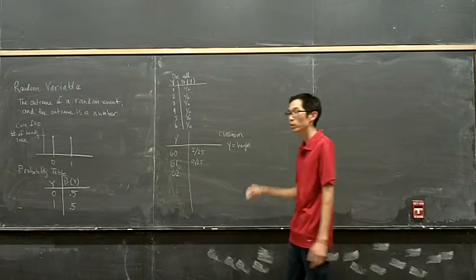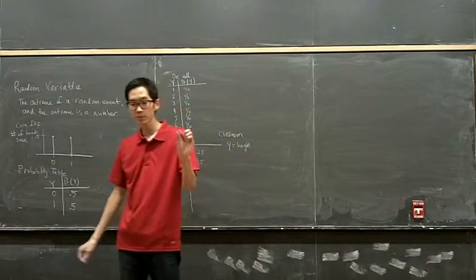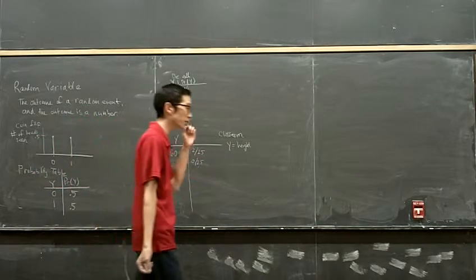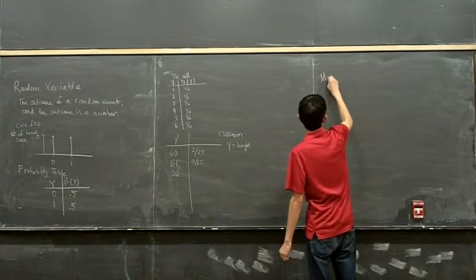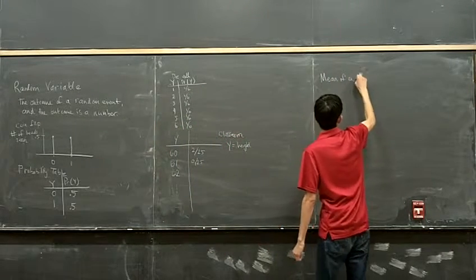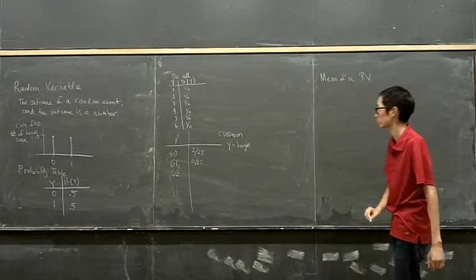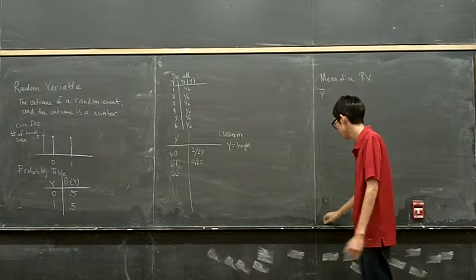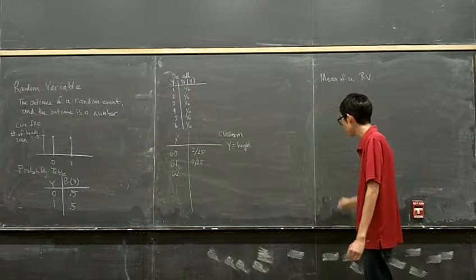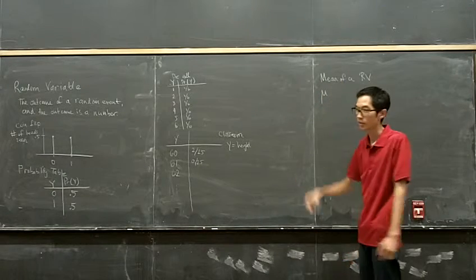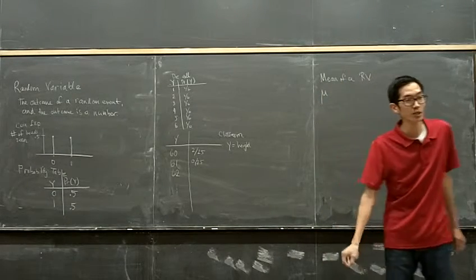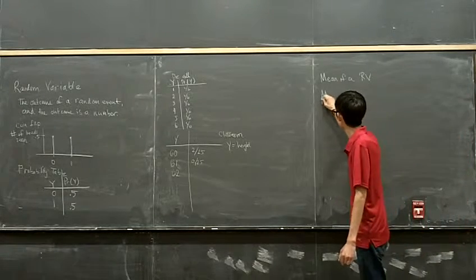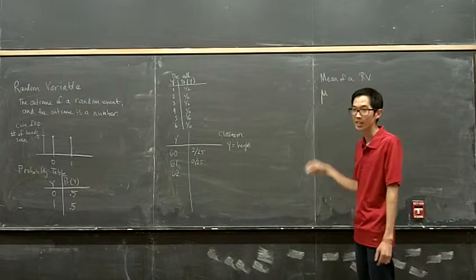So somebody might say, well, what is the average number you would expect from this random variable? There we are asking for the mean, the mean of a random variable. We call this mu. When it's a random variable, the mean is the Greek letter mu. It looks kind of like the letter U with a line in the front.